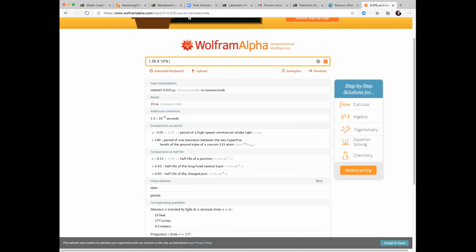And then I'm gonna put the units, kilometers, convert to megameters. And let's see what it does. And you know what, just for good measure, I'm gonna put parentheses in front of the number so that I emphasize to Wolfram Alpha that that's scientific notation.